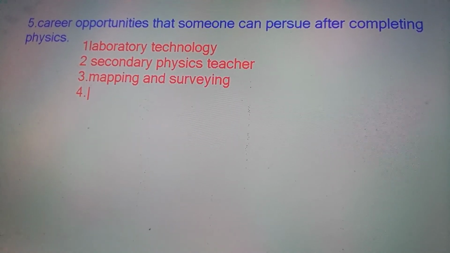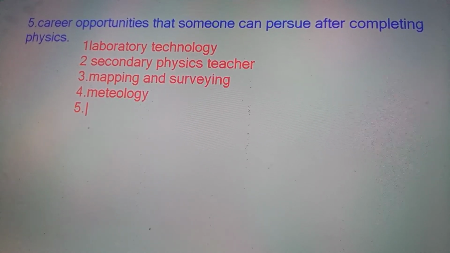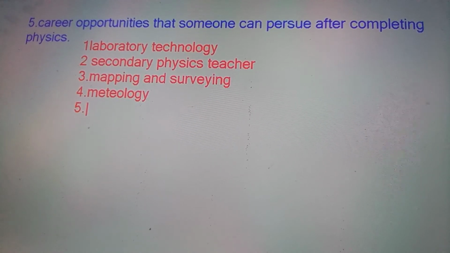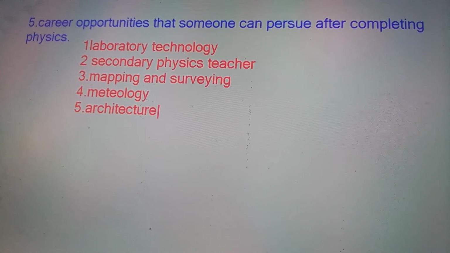You can, for example, do meteorology. You can be in architecture.